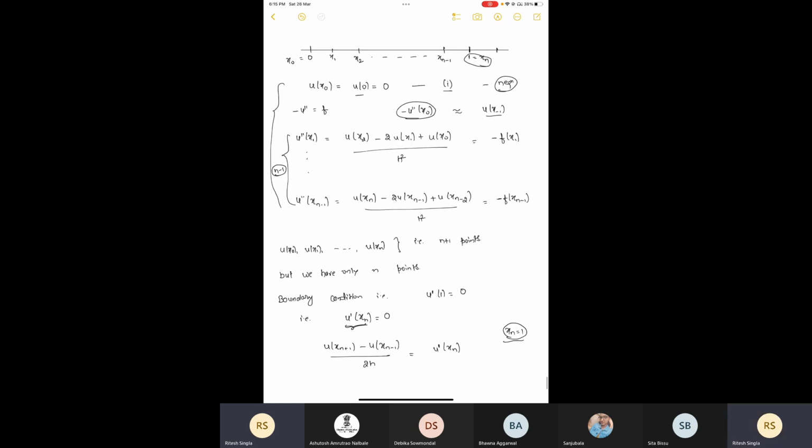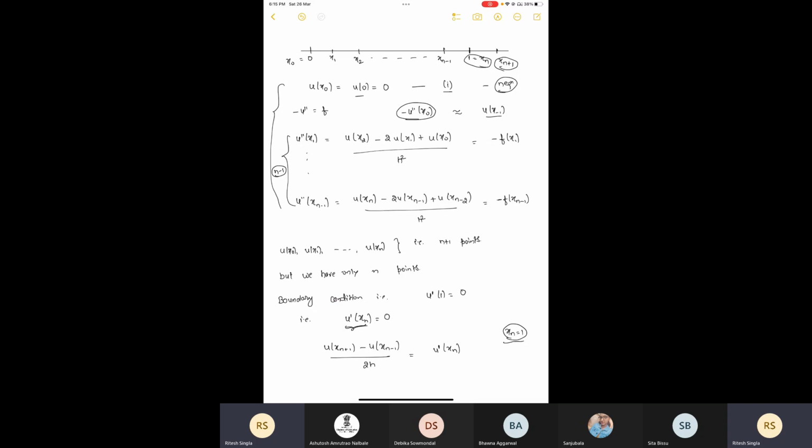So what we will do, we will give it a new node x of n plus 1. So it is an imaginary node which is not existing in our domain, but we will give this node for the time being. Are you getting my point? That this x of n plus 1 is not existing in our domain.